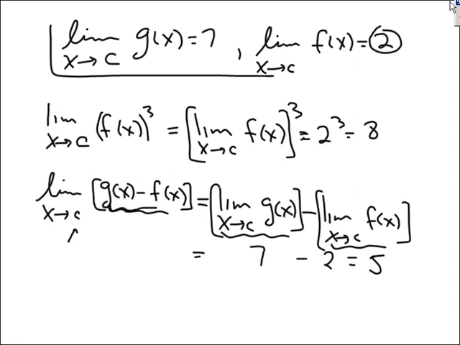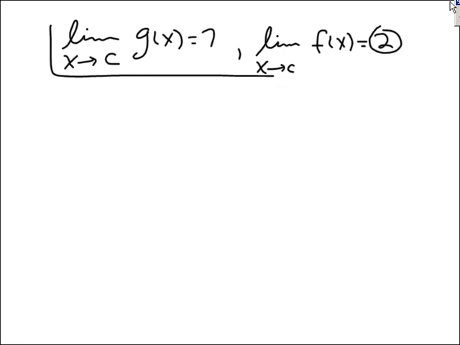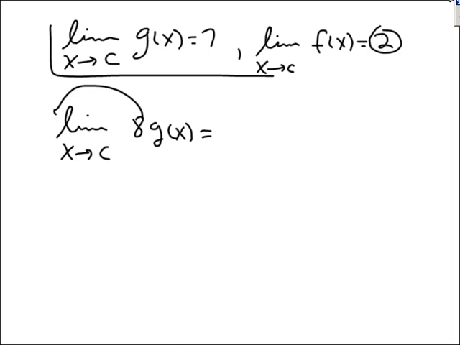Alright, let's try 2 more. Let me erase this bottom because I want the given information to remain. Okay, if you were asked to calculate the limit as x goes to c of 8 times g of x. To do these problems, you have to know the rules. The 8 can come in front.